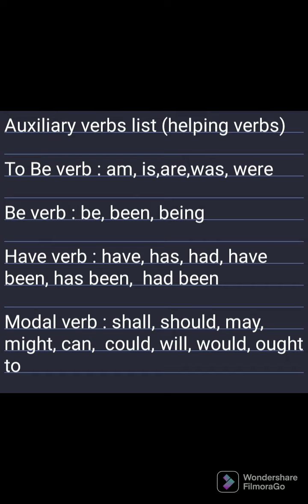Have verb. Have, has, had. Have been, has been, had been. They are also called auxiliary verb, helping verb. Modal verb. Shall, should, may, might, can, could, will, would, ought to. All of these verbs are called auxiliary or helping verbs.